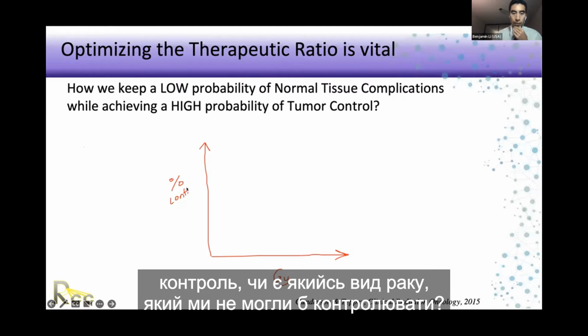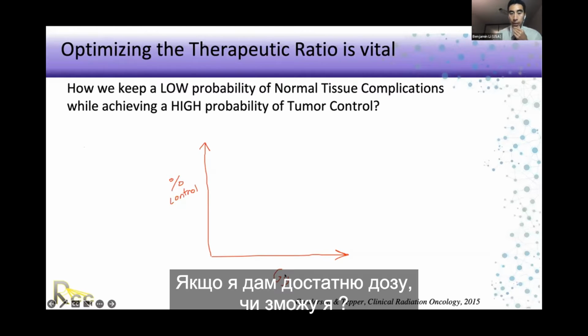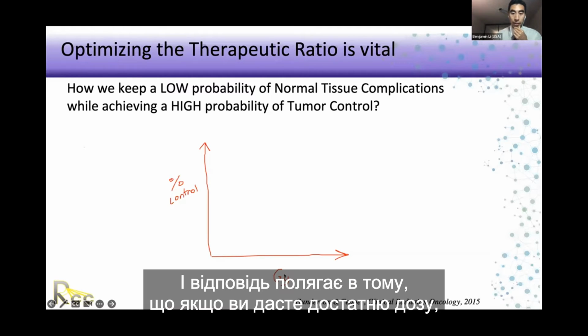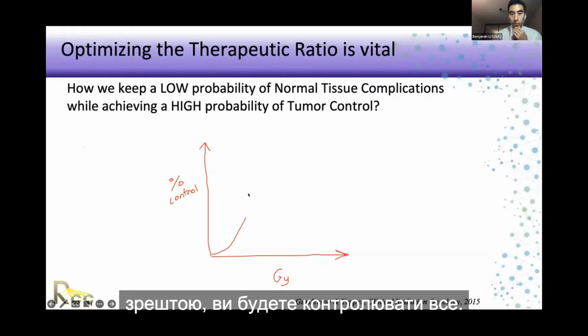Is there any kind of cancer that we could not control? If I gave enough dose, could I kill anything? And the answer is, if you give enough dose, eventually you will control everything.